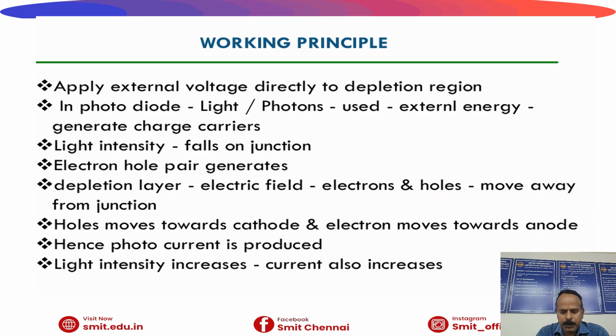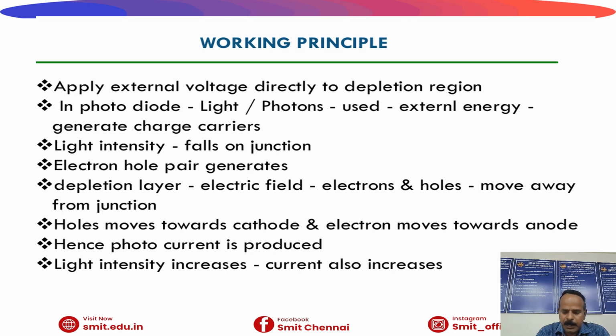When no light falls on the diode, as I already told you, there is no illumination at all. Under this condition, a very small reverse current still flows due to the thermally generated minority carriers. This current is, as I already told you, called a dark current.